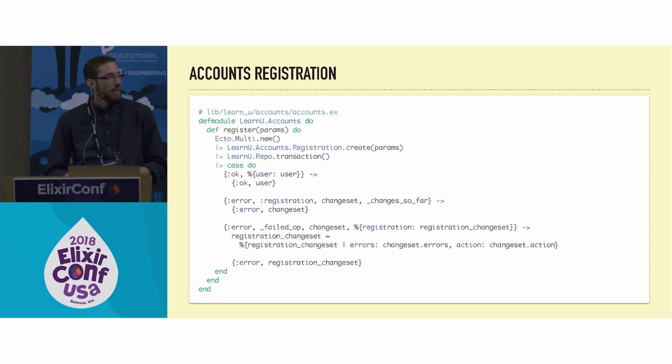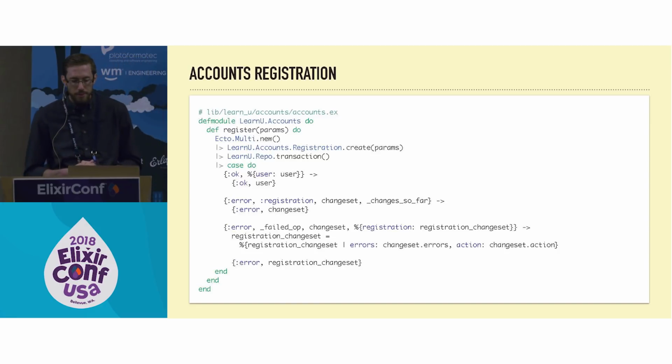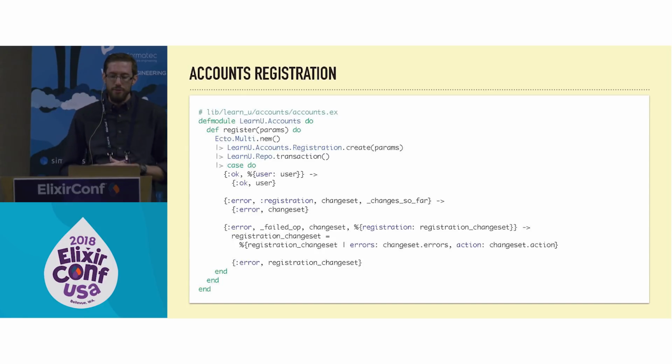Well, here I have an Accounts module with a register function, which the controller action would call, and takes user input as its arguments. From there, I want to use the Registration create function that I created a little bit ago, which, if you remember, takes 2 arguments: an Ecto.Multi struct and user input.